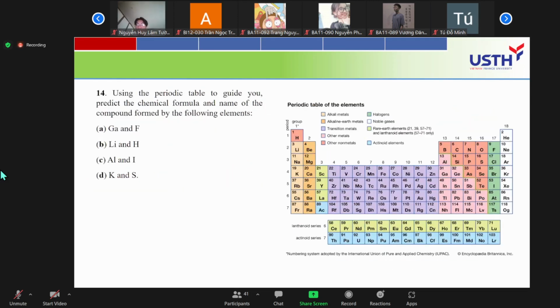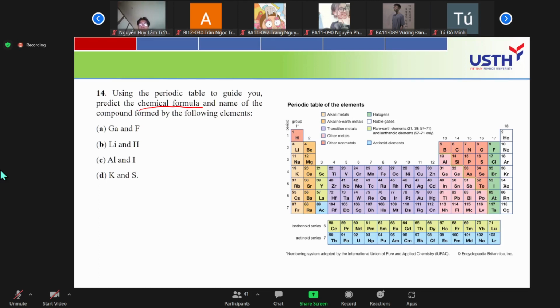Now let's move to the next exercise, related to predicting the chemical formula and the name of compounds. You know that elements prefer to form ions.